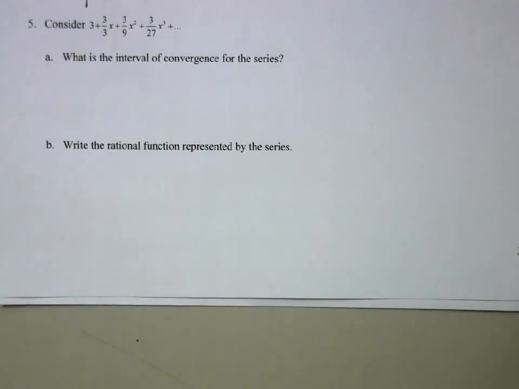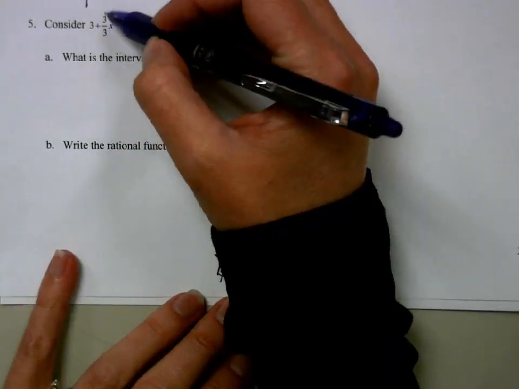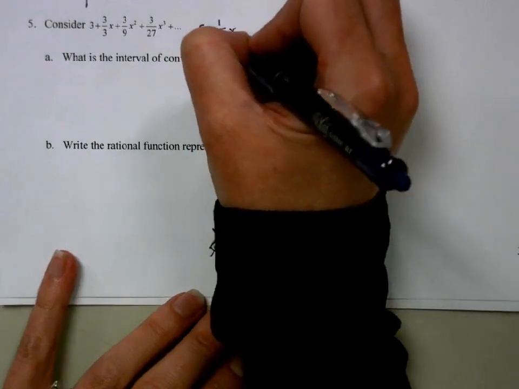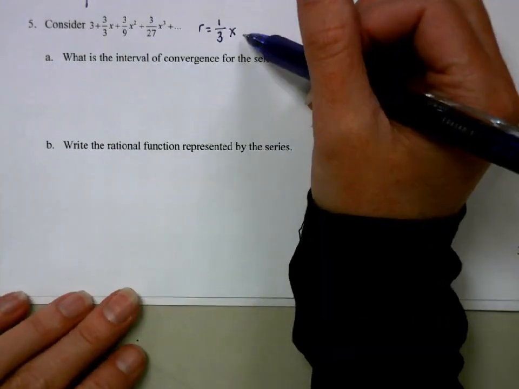Last free response problem. We have a power series, which is an infinite geometric series. The common ratio, what we're multiplying to get from term to term here, is 1/3 x. We know we can find the sum of an infinite series if the common ratio is between -1 and 1.